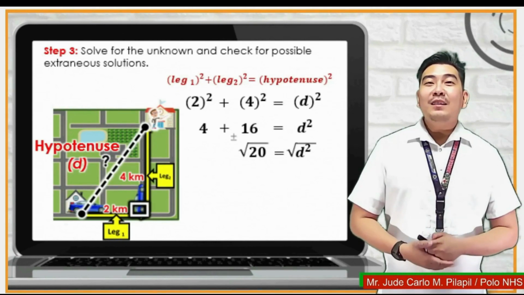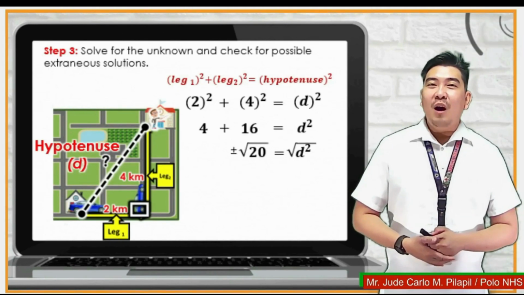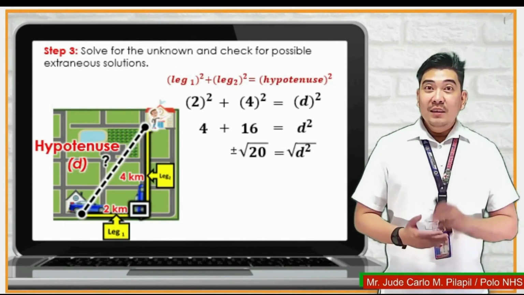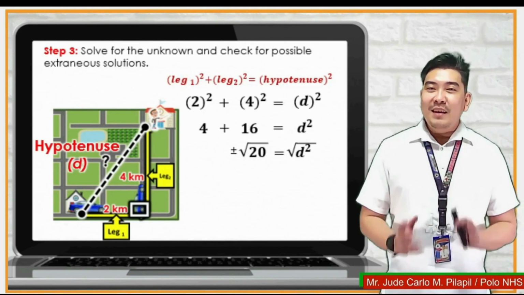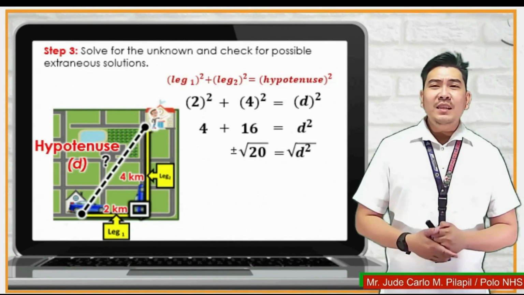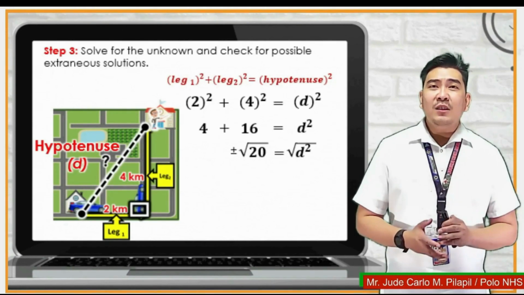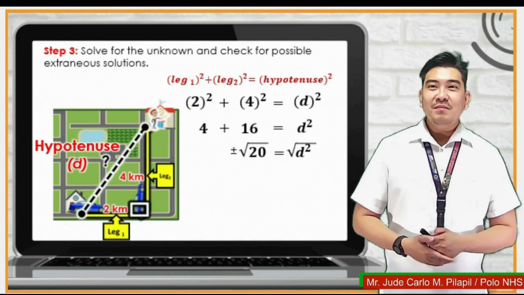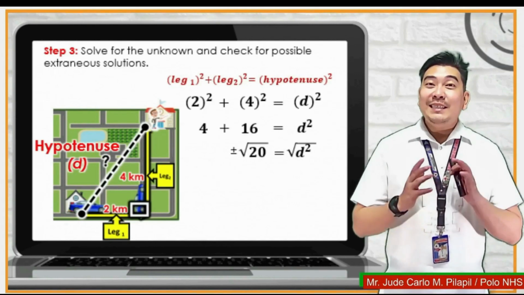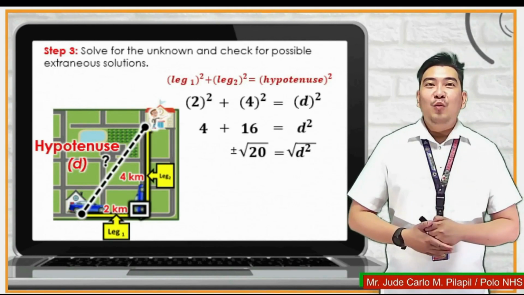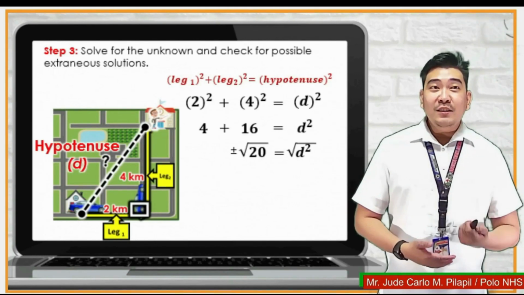Then, we extract the square roots of both sides of the equation. Since 20 is not a perfect square, let us think of factors of 20 with one of its factors a perfect square. In this problem, again, we need your skill in simplifying radicals. Let us continue.